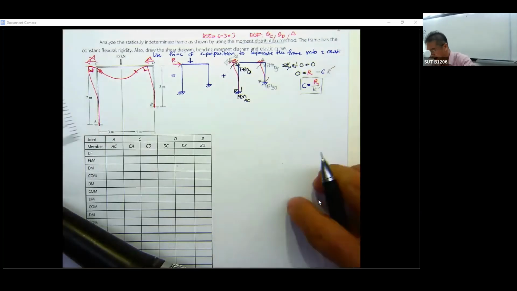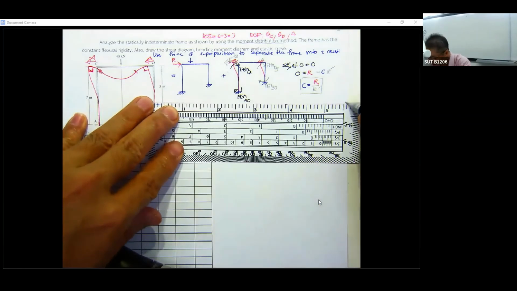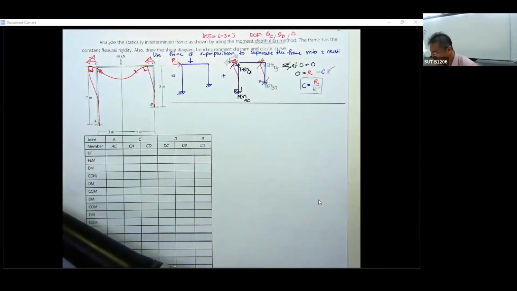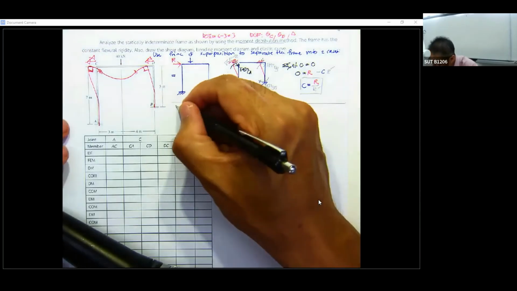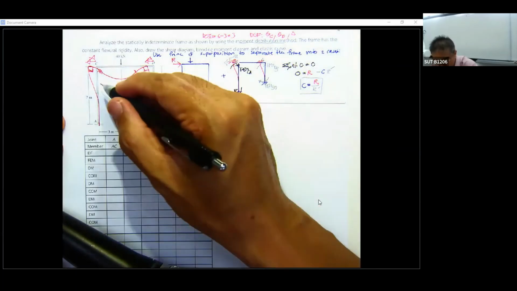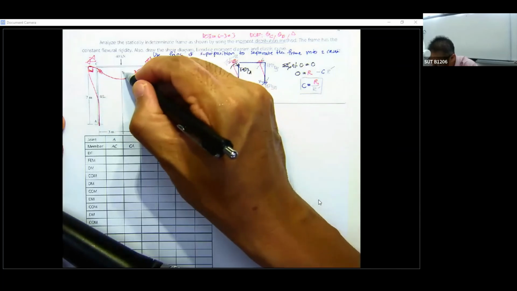Then what we are going to do is look for the K. This problem is going to be easier than the previous one, because all of these have the same EI. This one has EI, this one has EI, this one has EI.